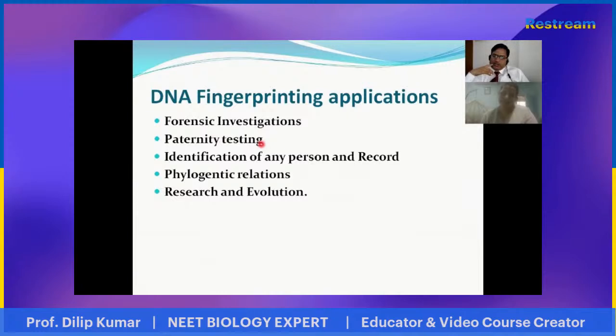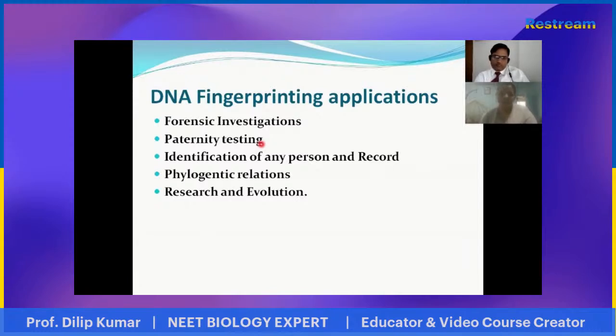Blood grouping was the most important method to find out the parents, father and mother. Mother is always confirmed. Disputes are about the father. So blood grouping was the biological means of finding out the parent. But after the discovery of DNA fingerprinting, it became very helpful in cases of paternity testing.